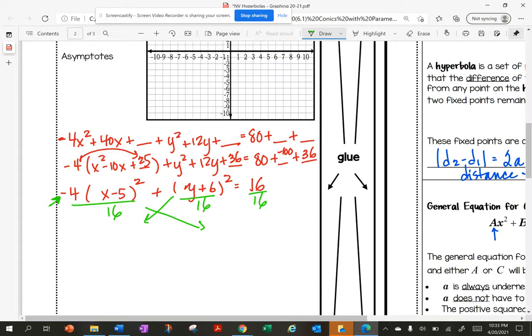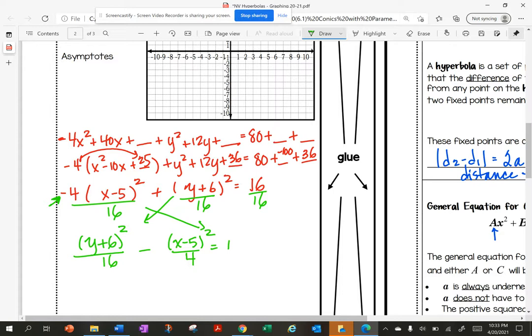So this is going to be y plus 6 quantity squared divided by 16 minus, and 16 divided by 4 is 4. So that'll be x minus 5 quantity squared divided by 4 equals 1.